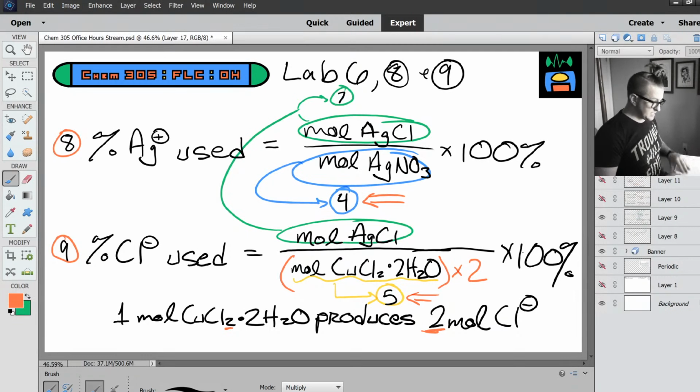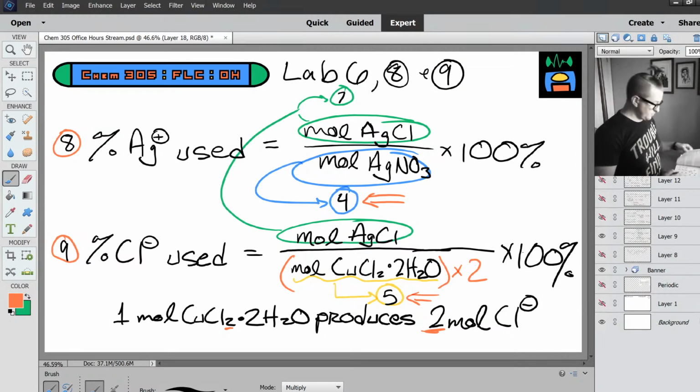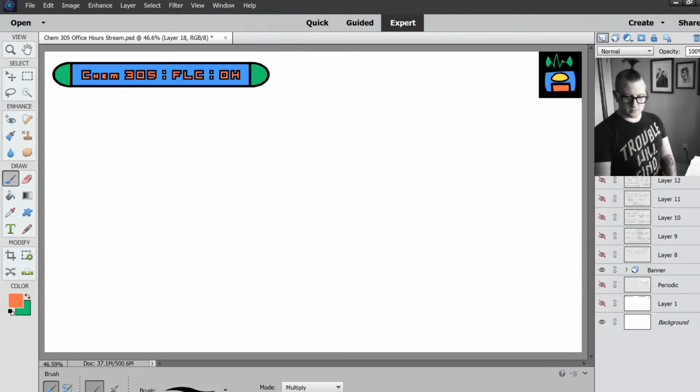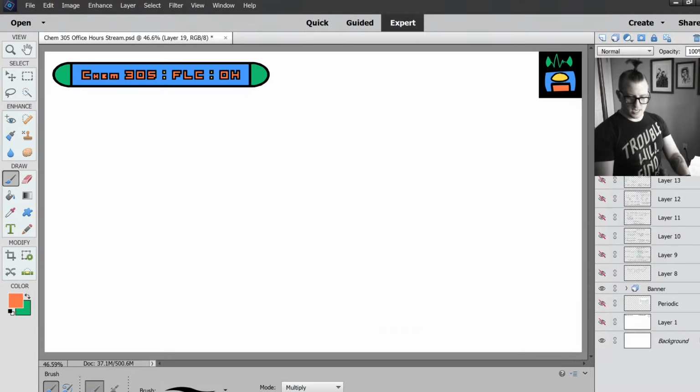Okay, chapter 6. Let's see, problems 35, 37, 39. All right, let's see. Determine the number of atoms of sulfur present. Oh, these are cool. Okay. So this is chapter 6.